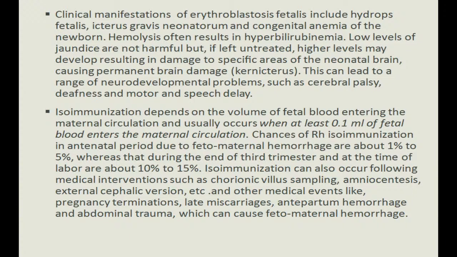Isoimmunization can also occur following medical interventions such as chorionic villus sampling, amniocentesis, external cephalic version, etc., and other medical events like pregnancy termination, late miscarriages, antepartum hemorrhage, and abdominal trauma, which can cause fetal-maternal hemorrhage.